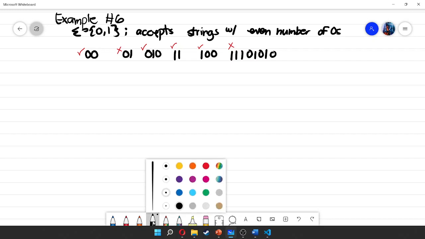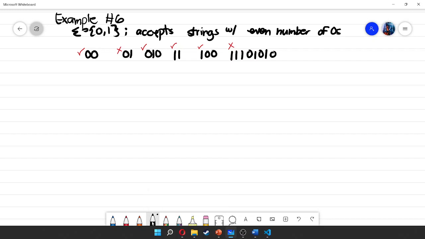Okay, so we start again with our initial state. This is A. So what if makakita ta og 0?